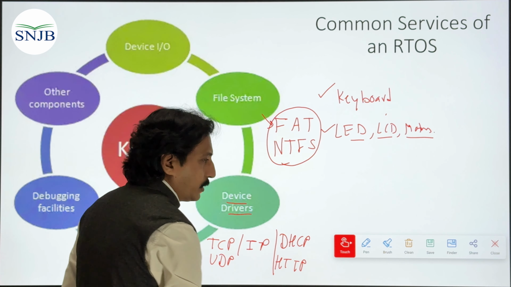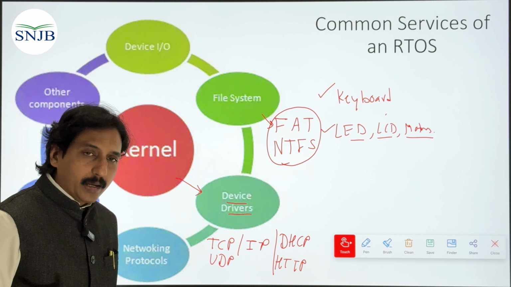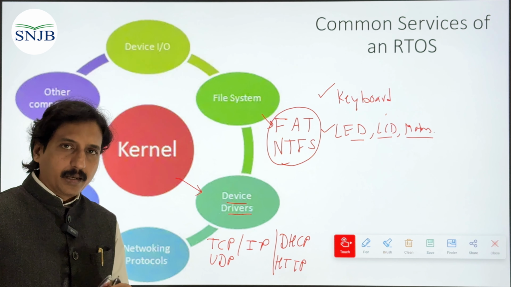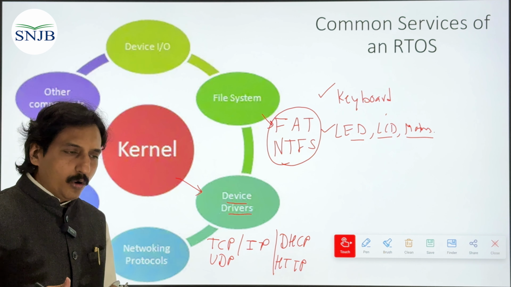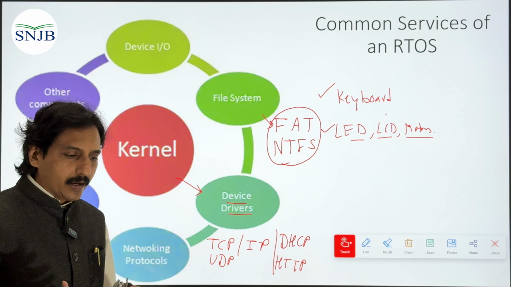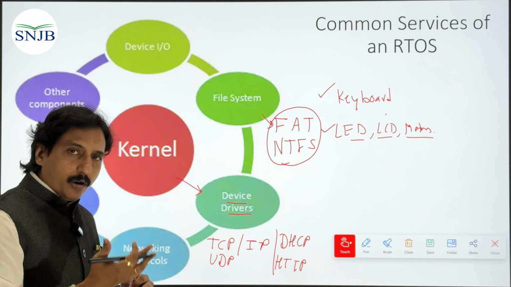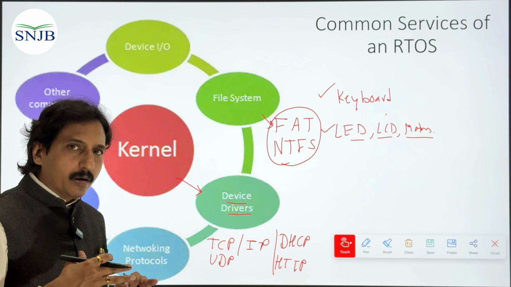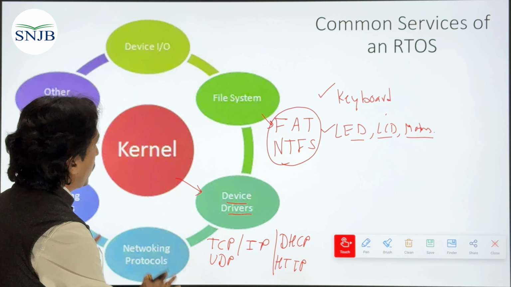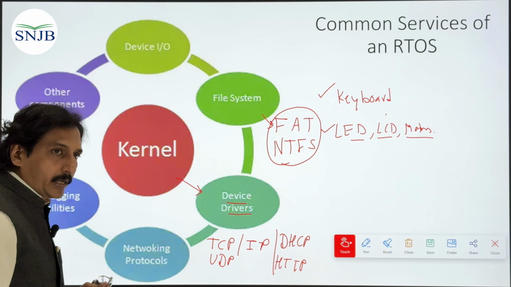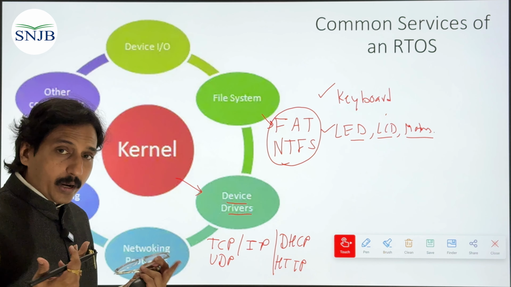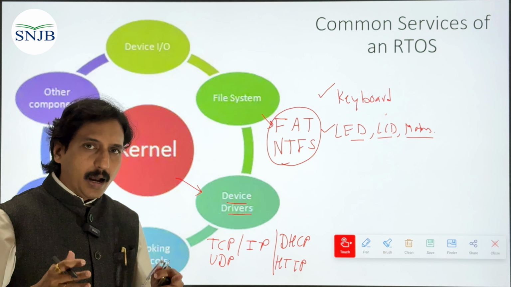So these are a few of the protocols our embedded system may utilize. To handle the software related to these protocols, again it is one of the services of the real-time operating system.